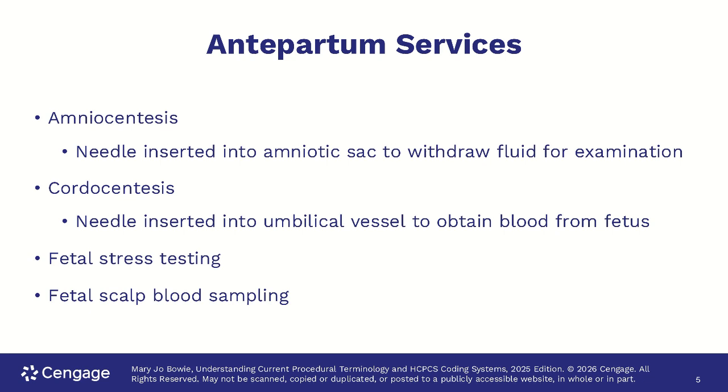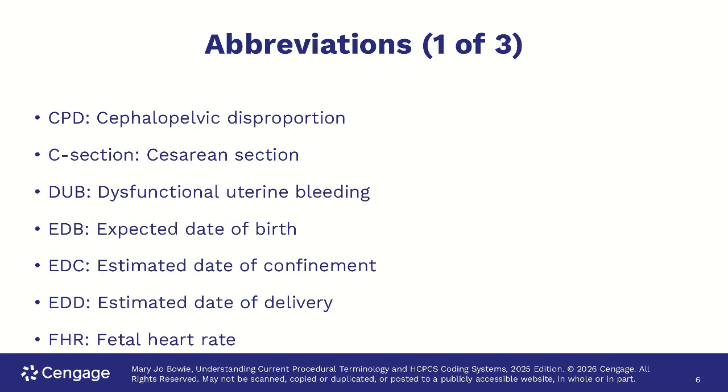Now, you've heard of the word synthesis before. We've been talking about it all through surgery, right? Then you have chordocentesis. This is where a needle is inserted into the umbilical cord, the umbilical vessel, to obtain blood from the fetus. Then we also have fetal stress testing and fetal scalp blood sampling.